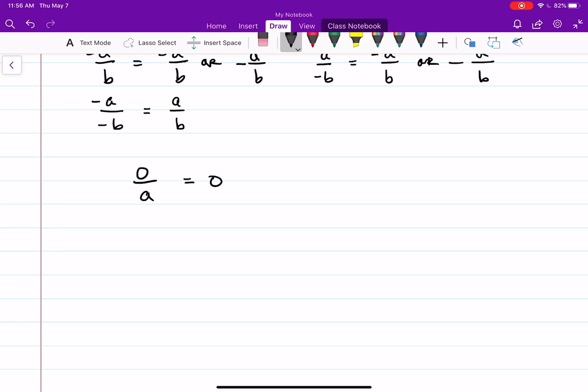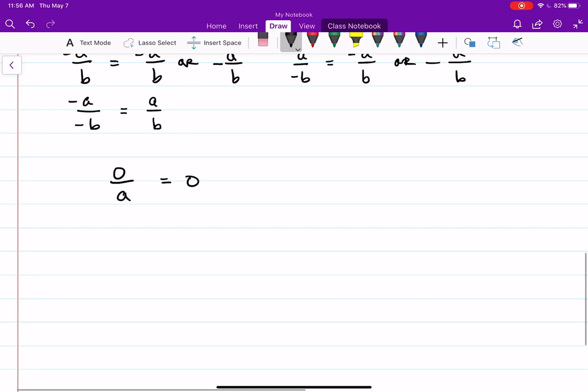If you brought 0 pizzas to a party, everybody's going to get 0 pieces. Versus if I had A divided by 0, so anything divided by 0, if you plug this into your calculator, it will either say error, undefined error, or divided by 0 error. Either way, you're going to get an error message.